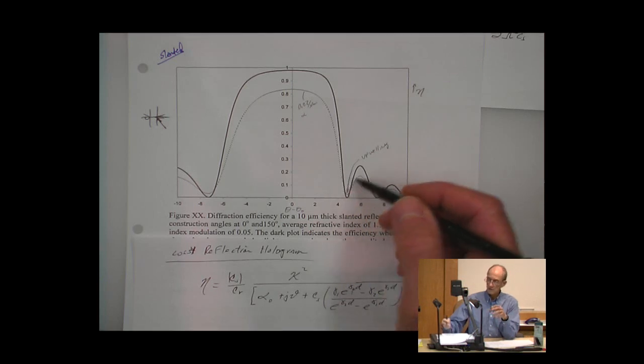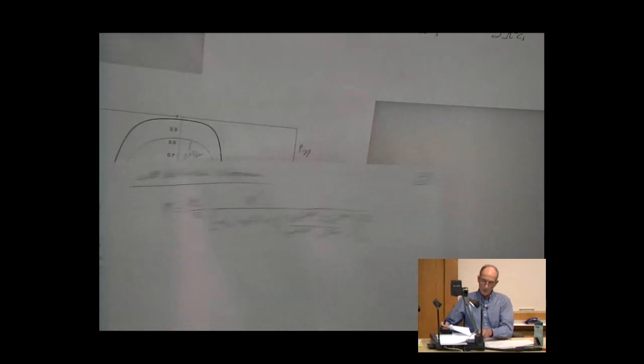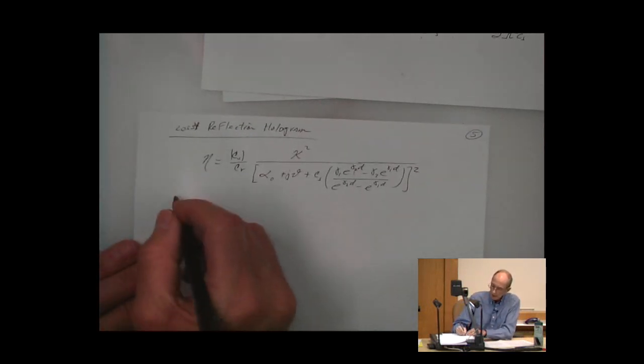You'll get this upwelling of the nulls. They won't quite go to 0, and that usually is indicative of some kind of average loss in the hologram.